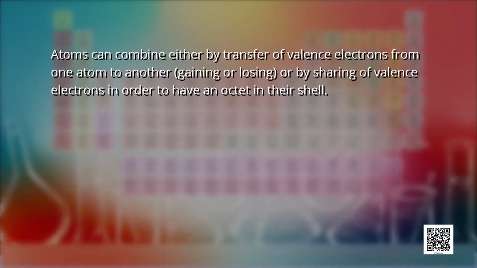Kossel and Lewis together developed the electronic theory of chemical bonding. You know in which year? 1916. And they also formulated the octet rule, which you are aware of. Well, the octet rule says that atoms can combine either by transfer of valence electrons from one atom to another, that is by gaining or losing, or by sharing of valence electrons in order to have an octet in their shell.